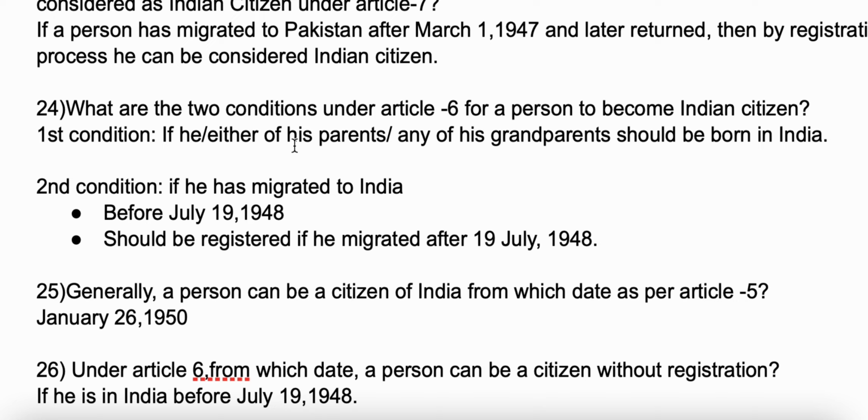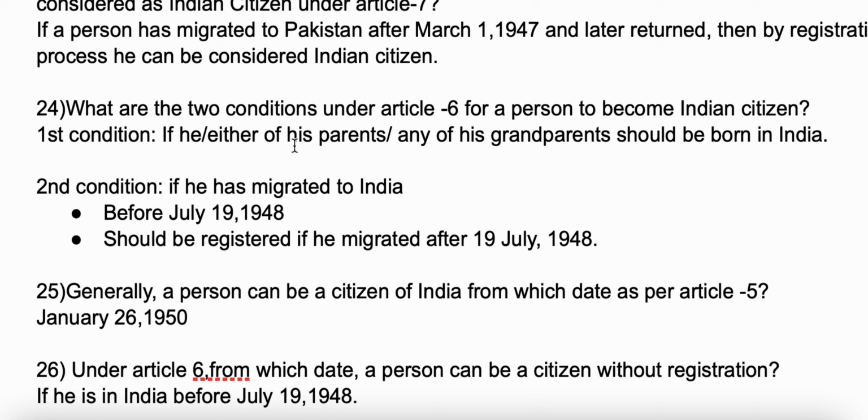The first condition is if I am born in India, then I will become a citizen of India. I am born in India, I went to Pakistan and I have again returned to India. So from Pakistan I came to India, but I was born in India only, remember. So this is one condition. If my parents are born in India, or any of my grandparents are born in India, then under Article 6 I will be considered an Indian citizen.